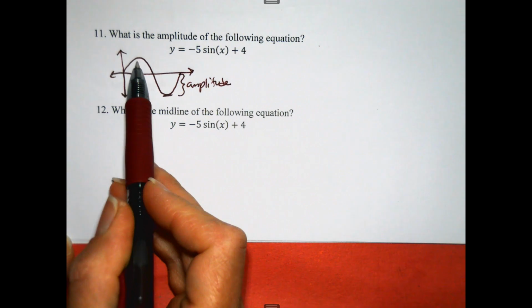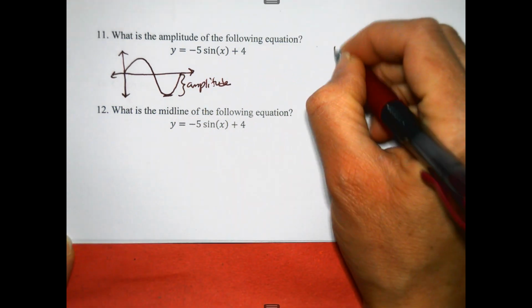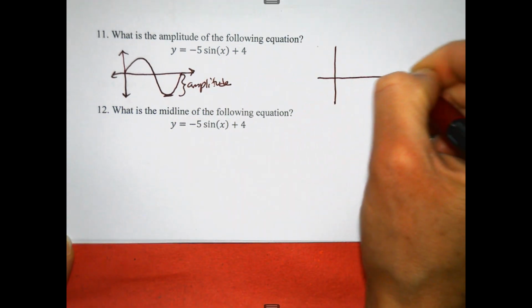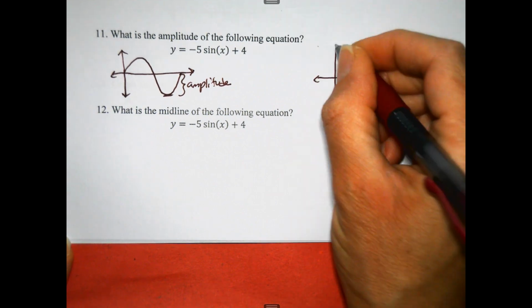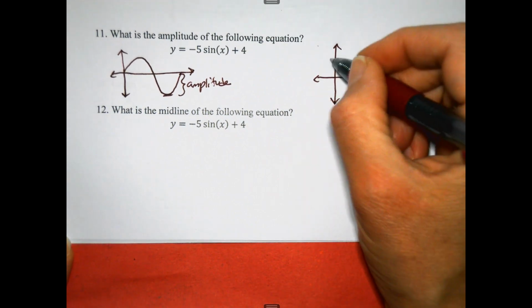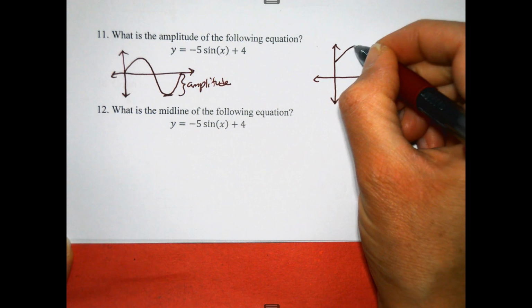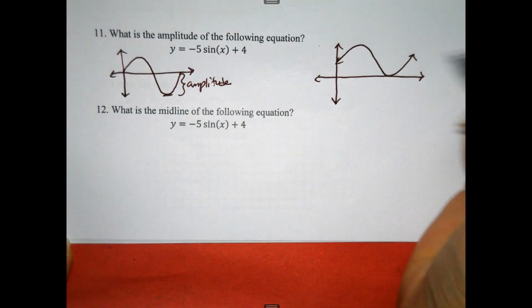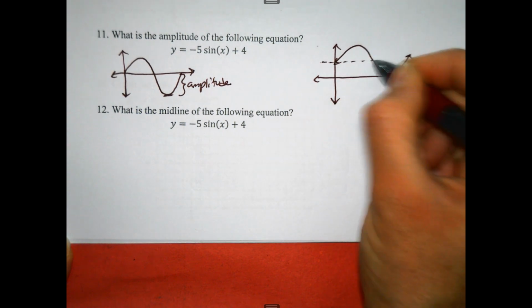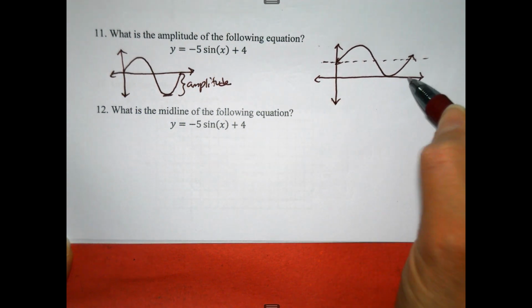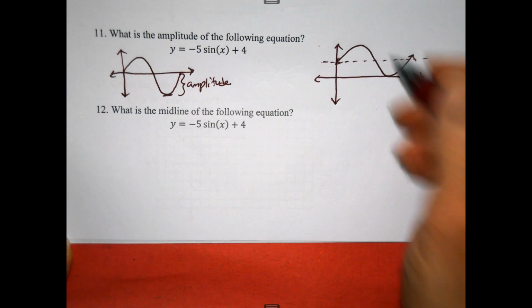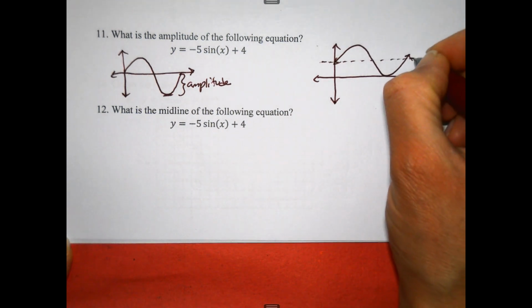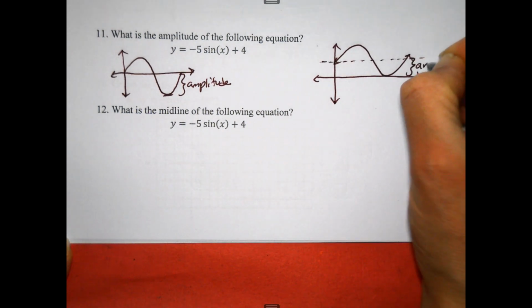Now, if you have a vertical shift, something that looks like this, then it's still going to be that distance from the midline. Our midline has just been shifted. So now that distance is our amplitude.